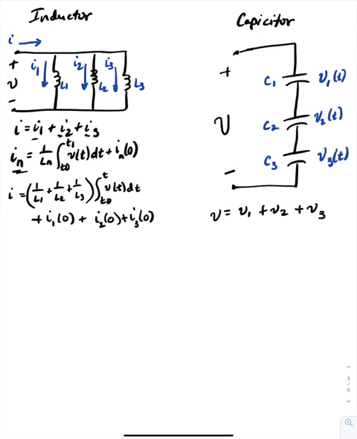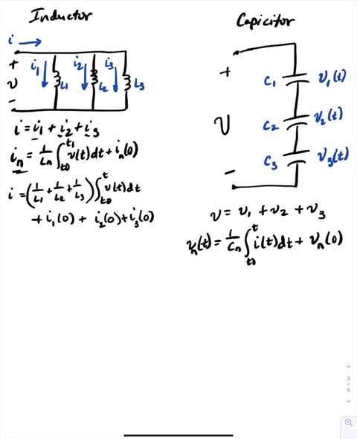And the equation that we use for voltage across a capacitor is 1 over the capacitance times the integral from T0 to T of the current plus the initial voltage across that capacitor.